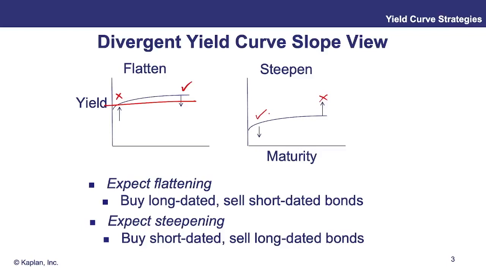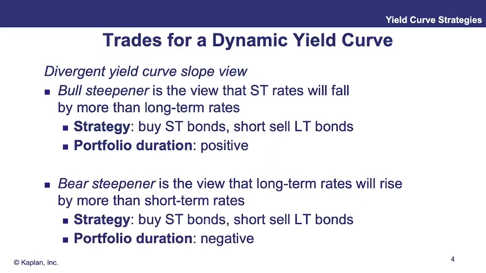But what about if we expected a flattening or a steepening and we actually expected rates to shift at the same time? Well, this is where we're talking about a bull steepener, for example. A bull steepener means that if you're bullish, rates are going down and the curve is steepening, okay?